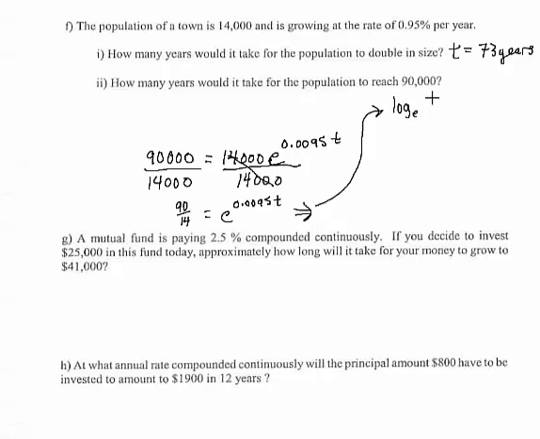Log base e, which is ln, and then that equals the exponent. We have 0.0095t. So log equals the exponent, and then 90 over 14 becomes the argument of our log.